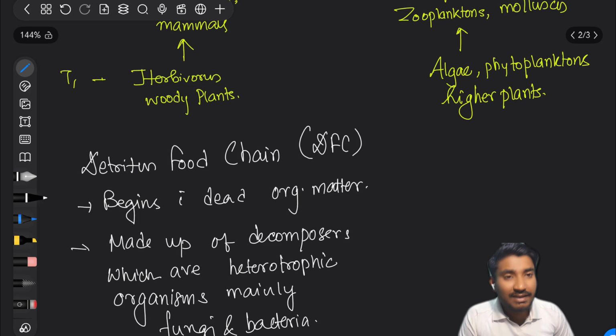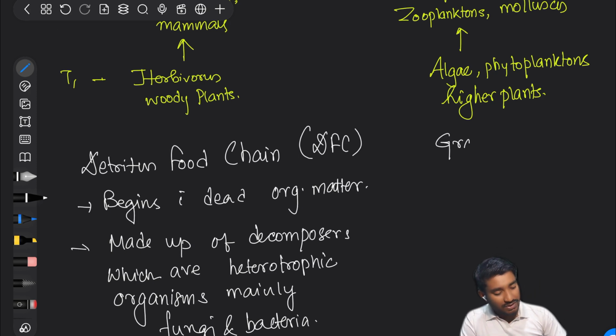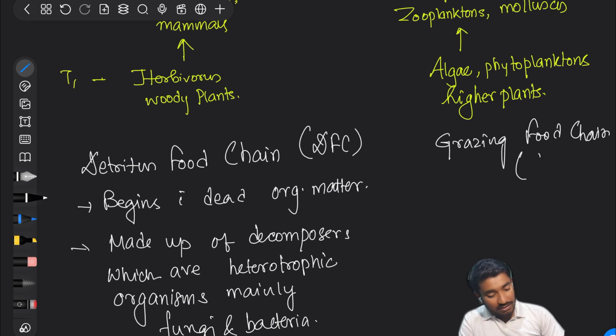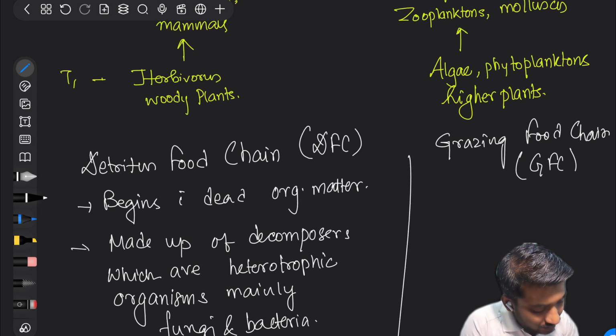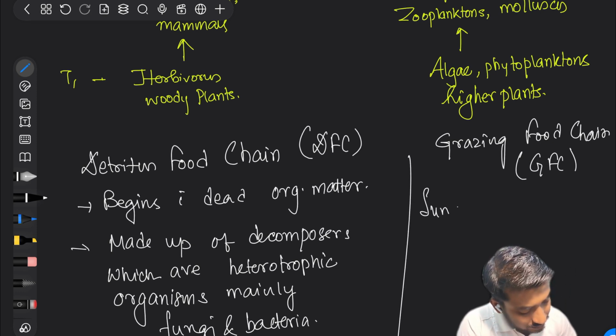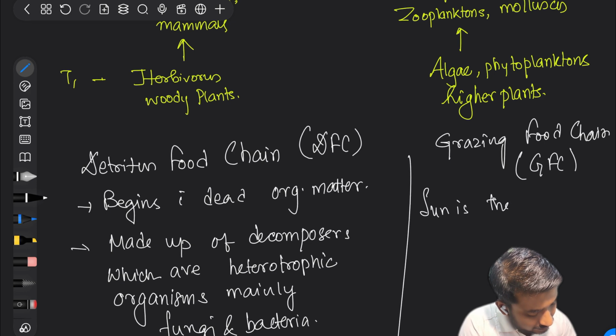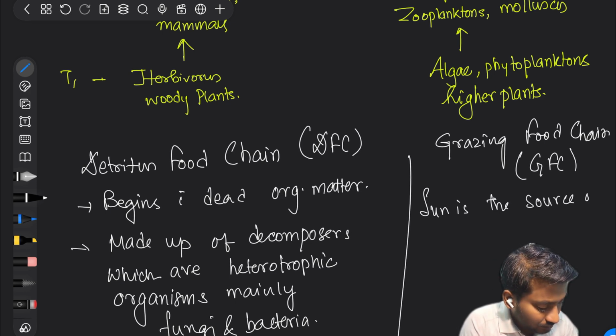In the case of the grazing food chain, also called the GFC, what do we see? The sun is the source of energy.